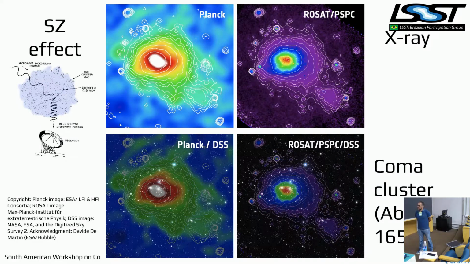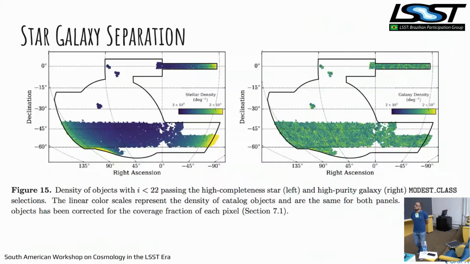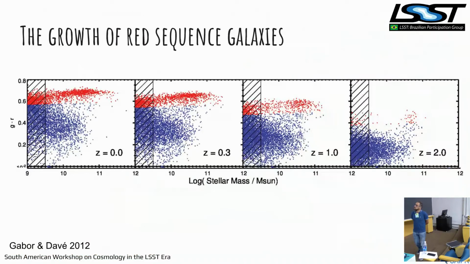The other thing, besides that red sequence, one thing that people have as a seed of a cluster is the brightest galaxy. Imagine this is a cluster and in its red sequence, you have the brightest galaxy in the cluster.